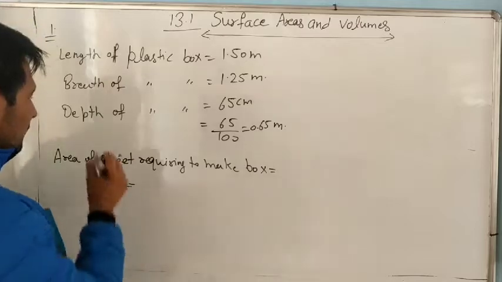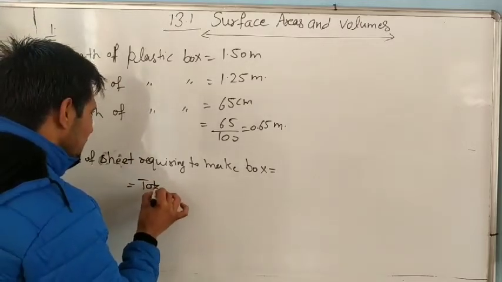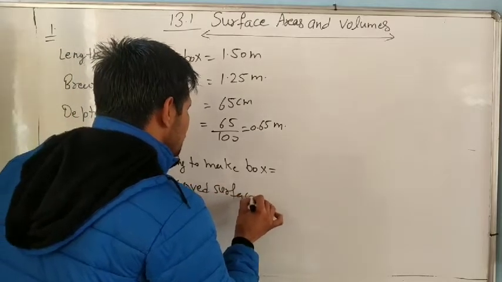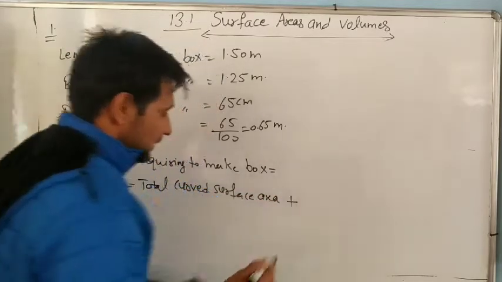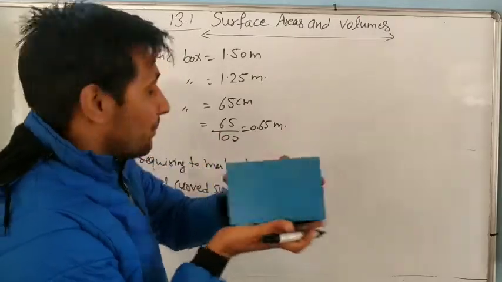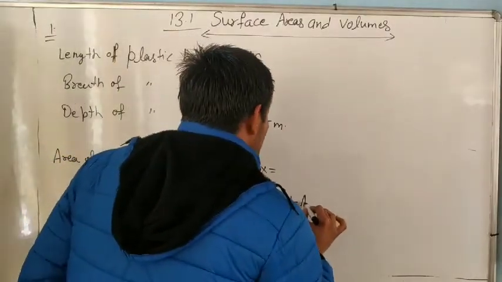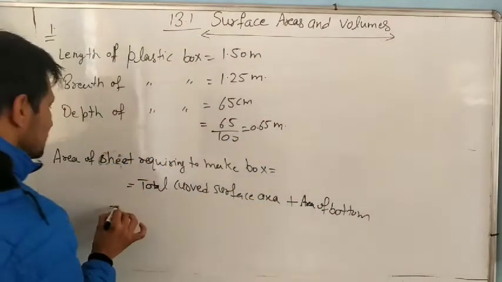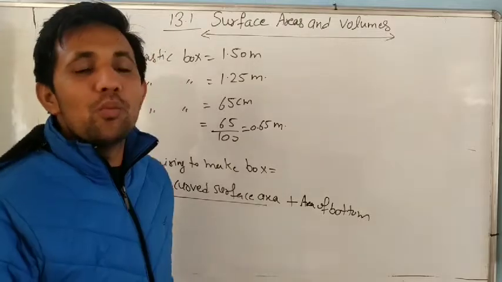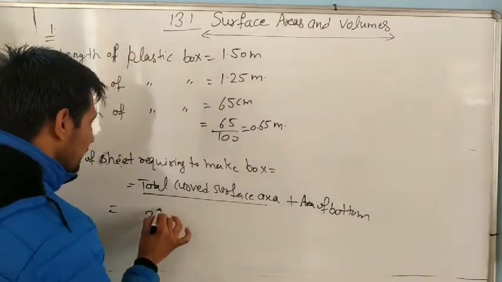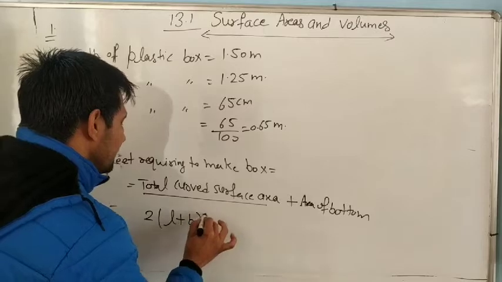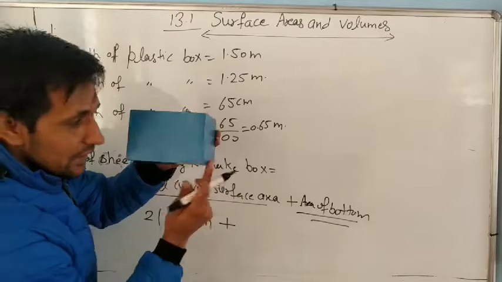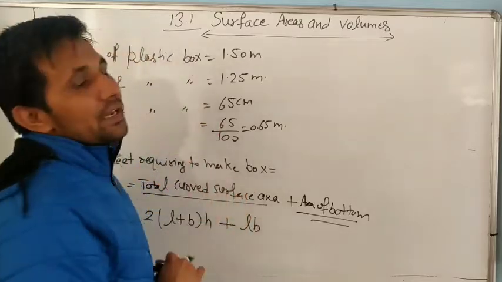So we will write total curved surface area plus area of bottom. Curved surface area of cuboid, everyone knows the formula, 2 into (L plus B) into H, plus area of bottom, it is length, it is breadth, L into B.